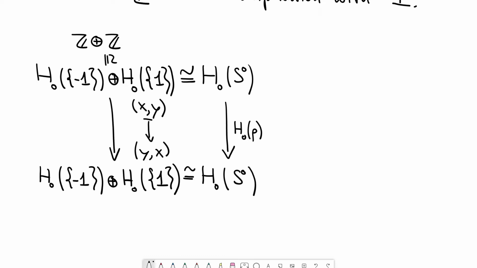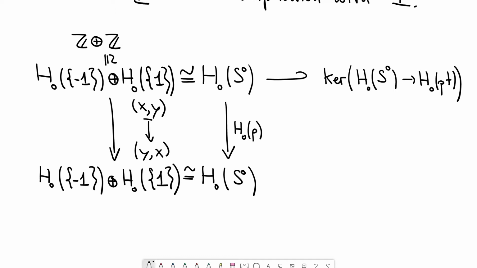Then I also want to consider here a subspace of H0(S0), and the subspace I want to consider is the kernel of the map induced by the canonical map from S0 to the point. From any space, we always have a map to the point. We can look at an induced map, and here we look at the kernel, which lies inside this H0(S0).